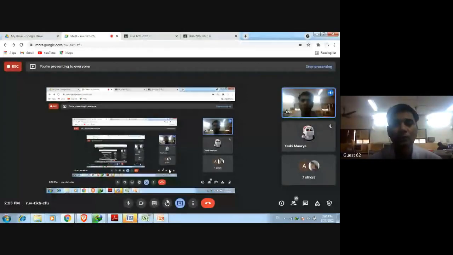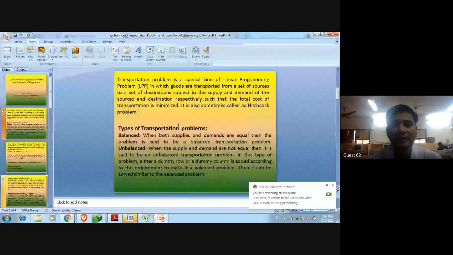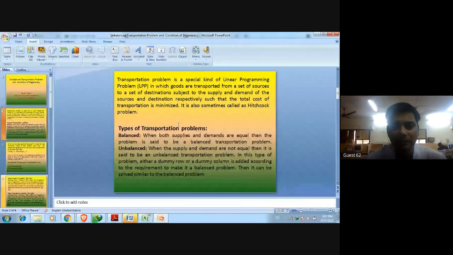So when we transport from a set of sources to a set of destinations subject to the supply and demand of the sources and destinations respectively, the requirement demanded by either the market or the dealer is called your demand, and the product that you send to the market or the dealer is called your supply.